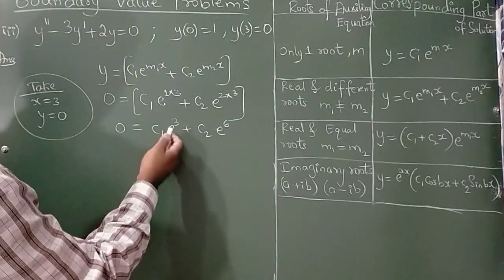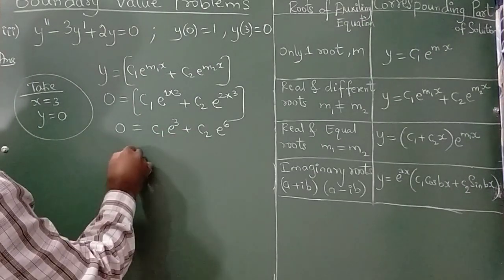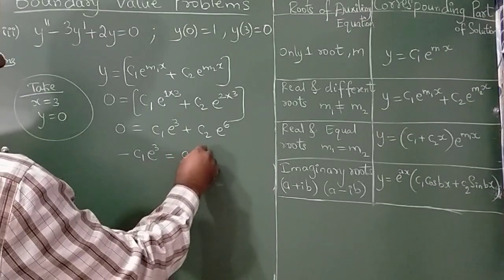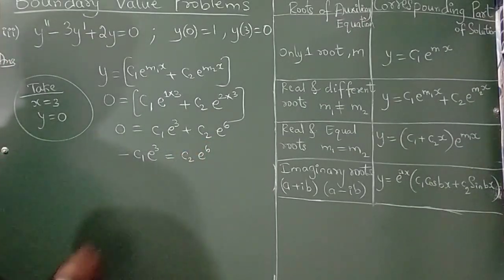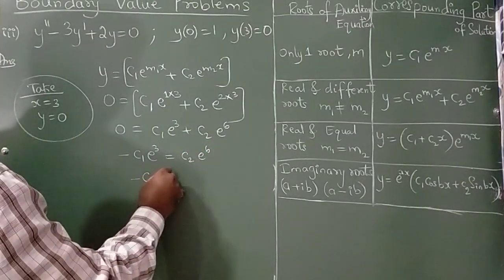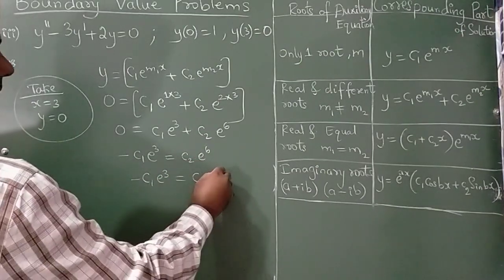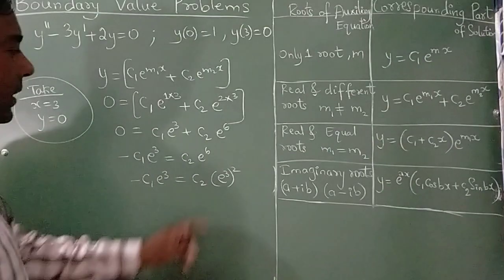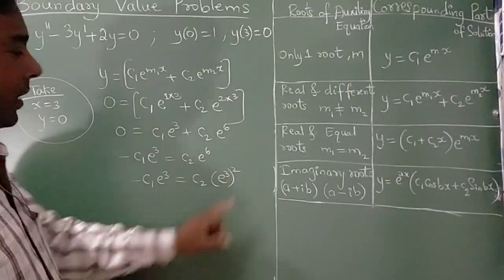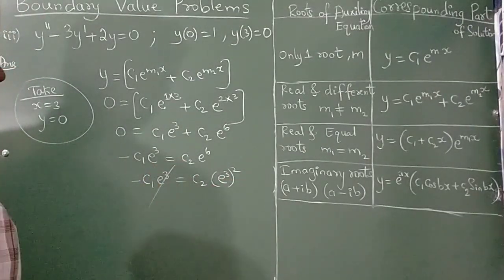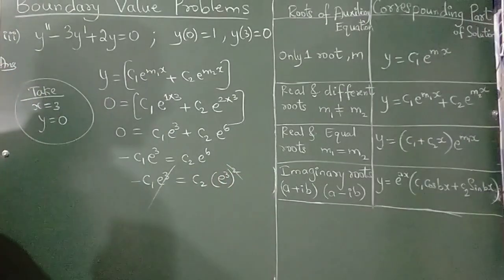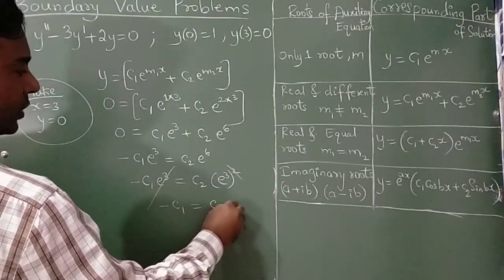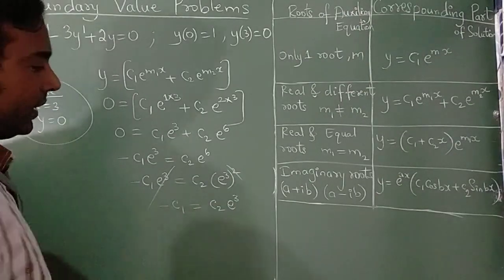I am going to take this one on the left hand side, so it will become minus C1 e raised to 3 equals C2 e raised to 6. e raised to 6 can be written as e cube squared. Why? Because this e raised to 3 and this will get cancelled. So what is remaining? C1 is equal to C2 e raised to 3.